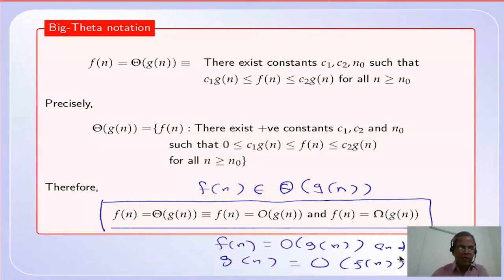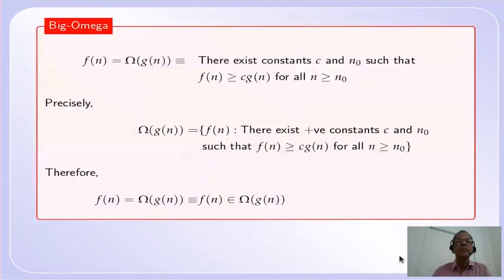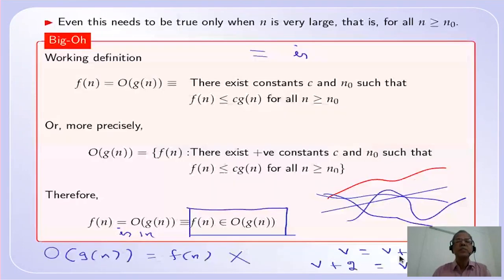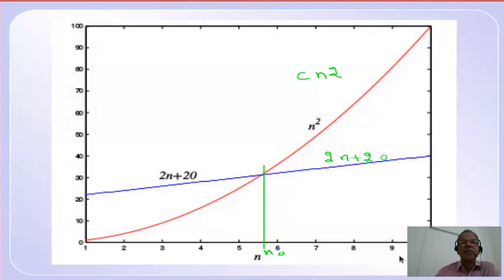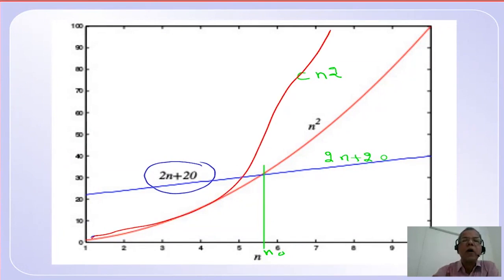Let me ask a question here. When we are analyzing an algorithm, suppose our running time is 2n plus 20, and c n squared is above this. Suppose I write c n cubed, I may have c n power 4.